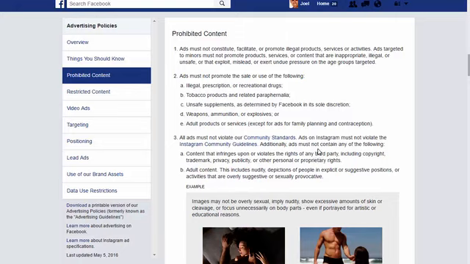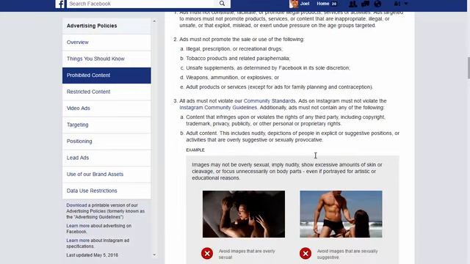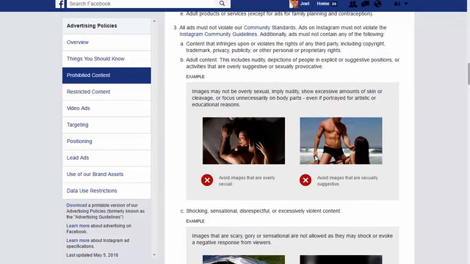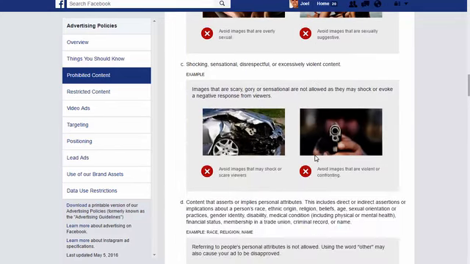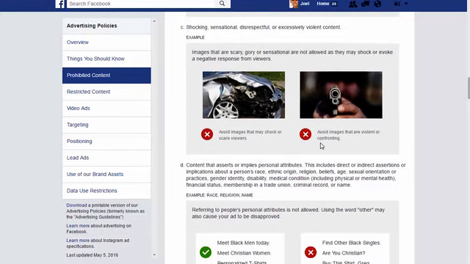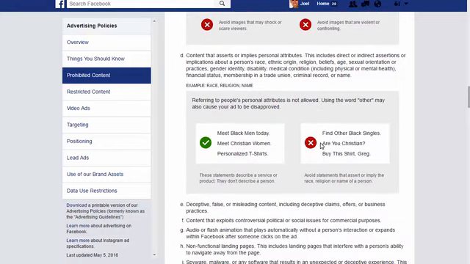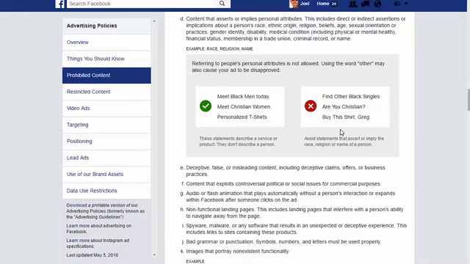So you break the rule once, your ad account is banned, and sometimes you can get it back and sometimes you can't. So understand all of these, and they even have some clear examples of things that will definitely get your ad account banned. Things like this, okay? And they'll give you some very clear examples. Sometimes you're gonna pull your hair out because something you think was fine wasn't fine.